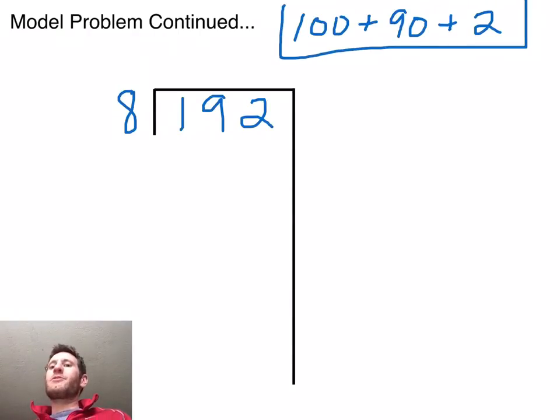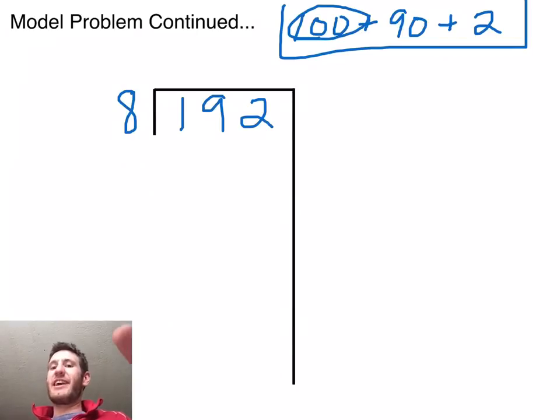So what I'm going to first do is figure out how many 8s can go into 100 right here, because I've got a 100 in that one digit. So I know that there could be at least 10, because that's a really nice round number, a nice happy number to deal with.